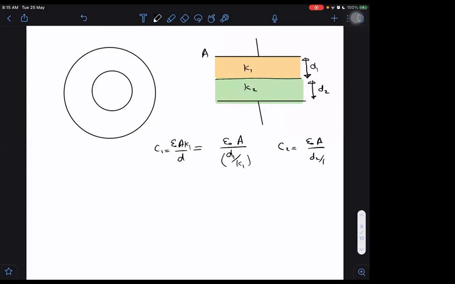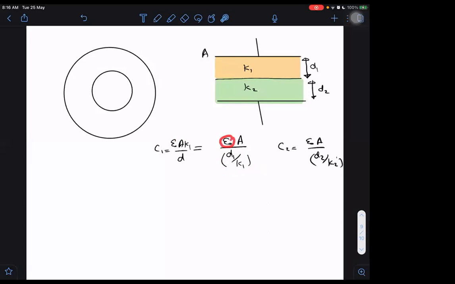by D2 by K2. The reason I am writing it this way is that it helps us visualize. It still remains vacuum. I am writing epsilon naught, not epsilon naught into K. I am assuming it still remains vacuum.